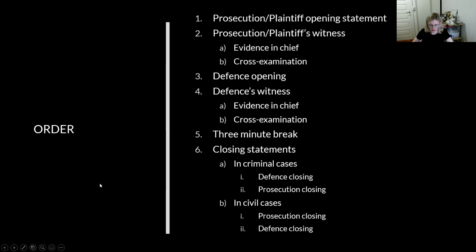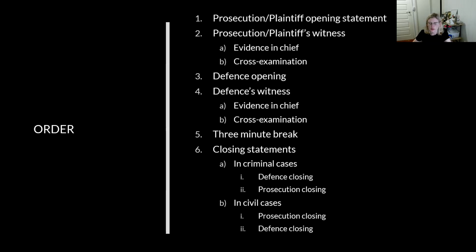So the order that it goes in has differed in years. So when I started adjudicating, we kept to the order of closing statements in civil cases also in criminal ones.